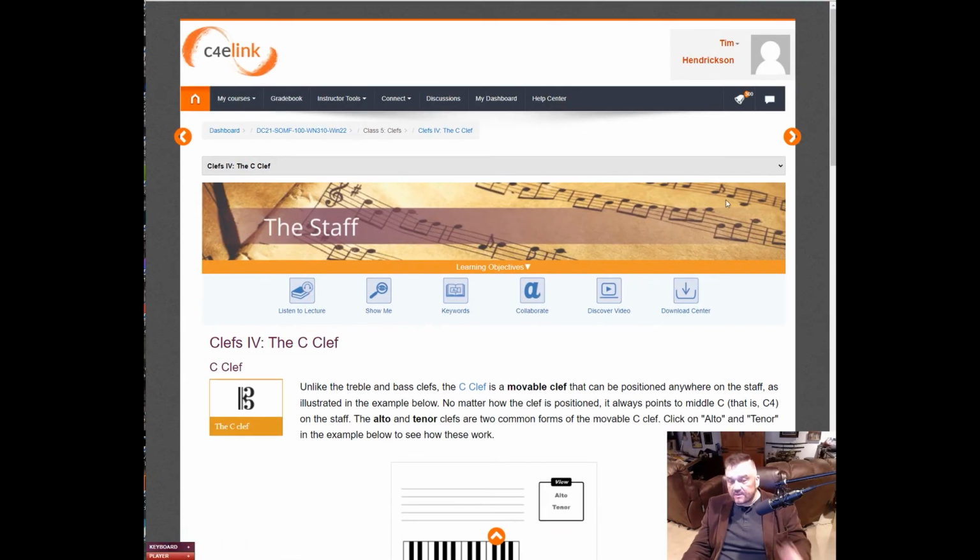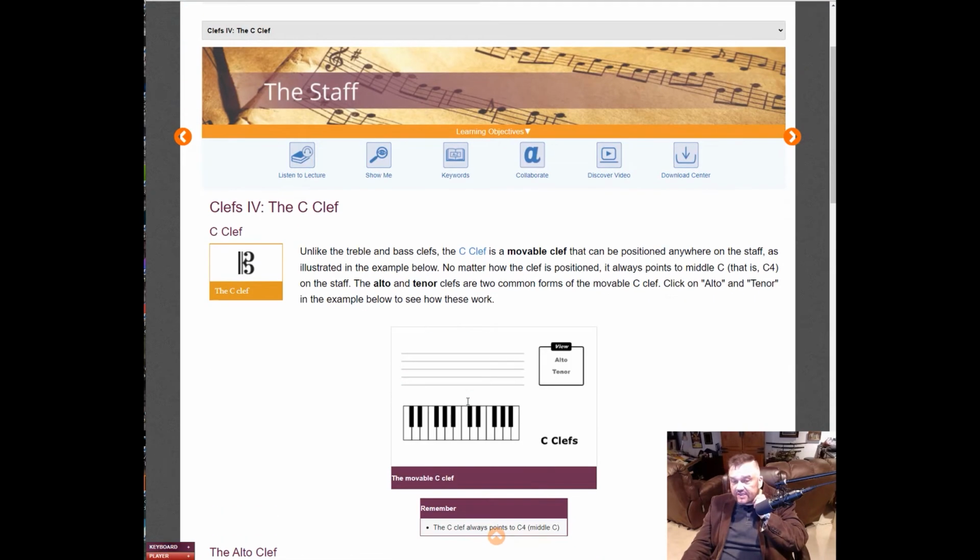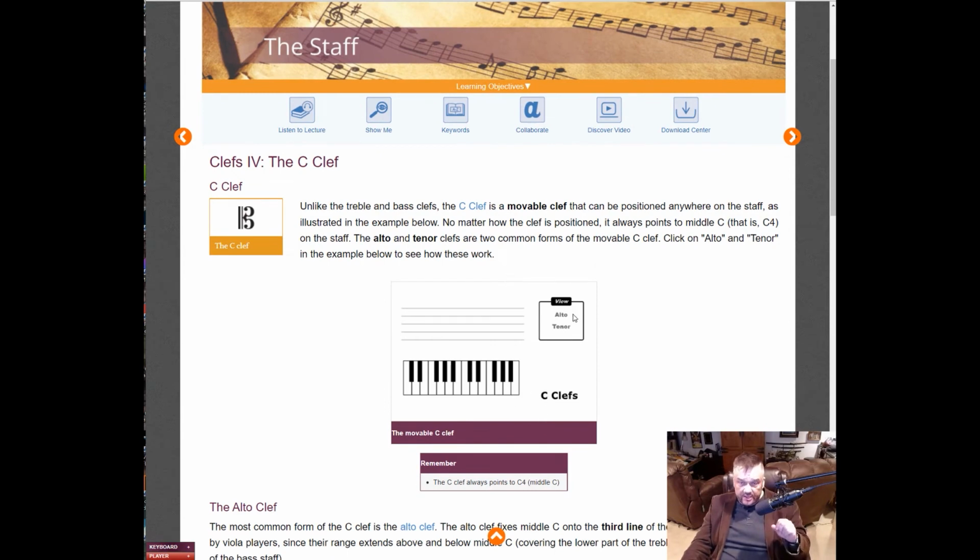Okay, now the movable clef, the C clef. The thing to remember is that the arrow in the middle of the clef, wherever it is, points to middle C, always.